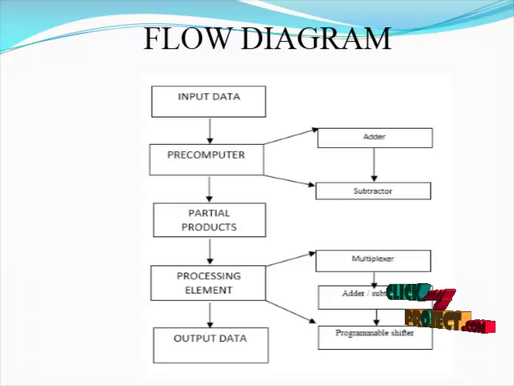The precomputer section consists of the input data for the processing elements. The precomputer consists of the 2-bit right shifter, adder and subtractor. The input data is 3 bits. The 3-bit data is right shifted by 2 times. Then the actual input data and the shifted data is full added and full subtracted.